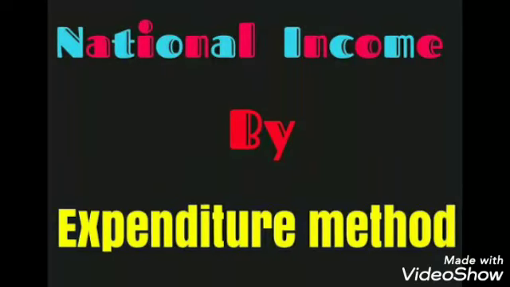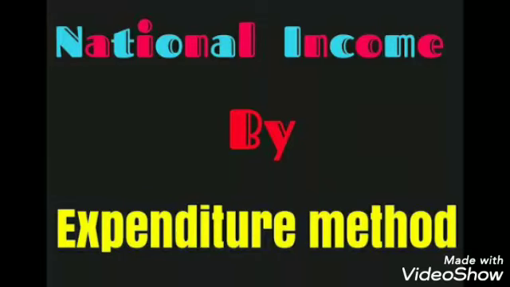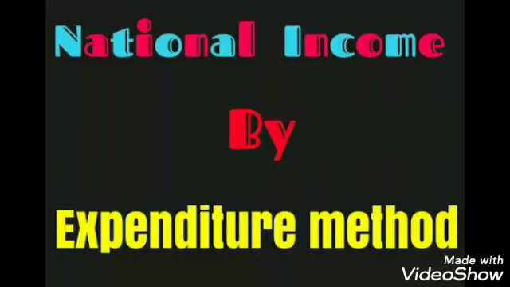And you know very well that from this, if you deduct depreciation, you reach net domestic product at market price, or NDP at market price. Now from this, if you deduct net indirect taxes, you reach net domestic product at factor cost, or NDP at FC.